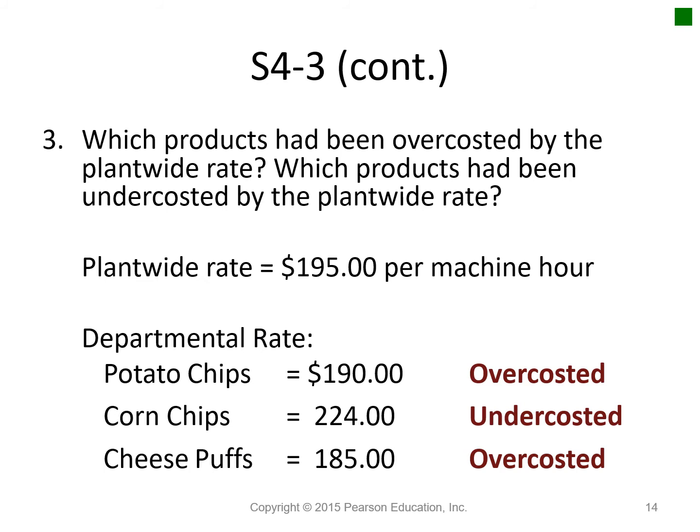And so then if you compare these to the plant-wide overhead rate, which we said was 195, just take the differences. Potato chips is off by $5. In that case, we would have been overcosted. Corn chips, $224. You can see how we got, what, $29 difference. So you'd be undercosted on that one, and then you're overcosted on the cheese puffs by, it looks like it's $10.